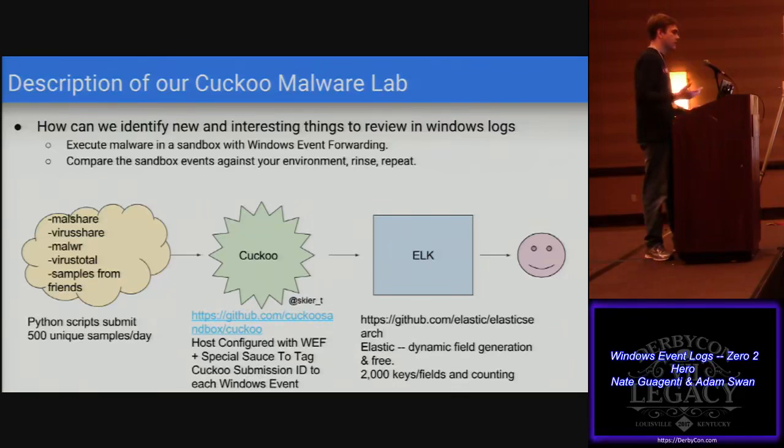What we do is we customize Cuckoo a little bit so that the submission tag gets forwarded with our WEF logs. So what we can do is when we have an interesting event that we see in Elastic, we can click on the submission ID link for Cuckoo and then look at that piece of malware.